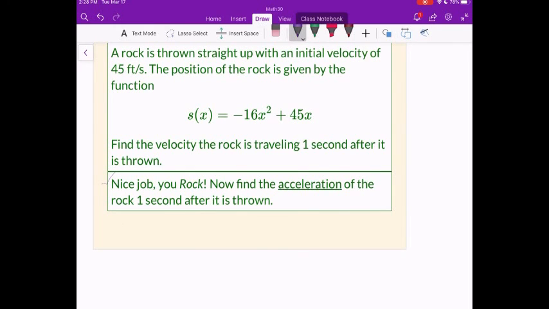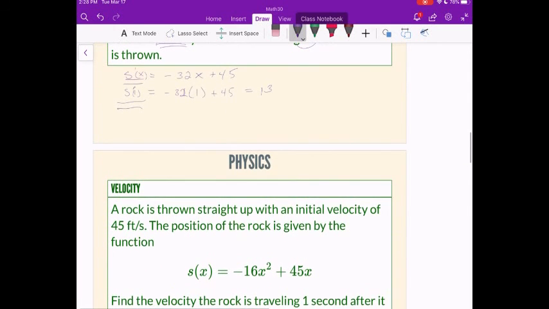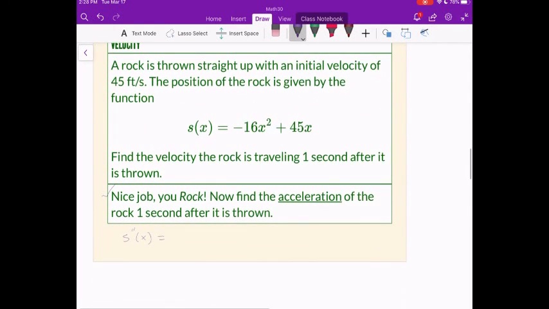And to do that, well, we just take another derivative. So acceleration is s double prime of x, second derivative. Well, since we already know that the first derivative is negative 32x plus 45, that means acceleration is negative 32. And of course, the units on this are feet per second squared.